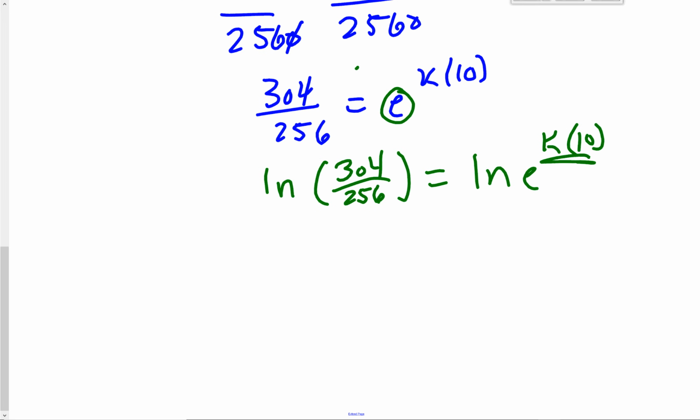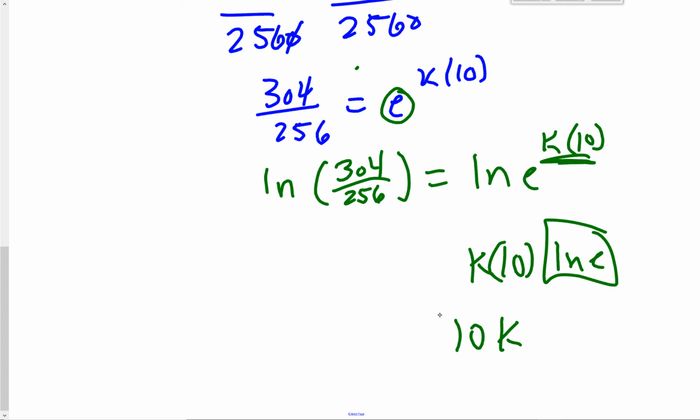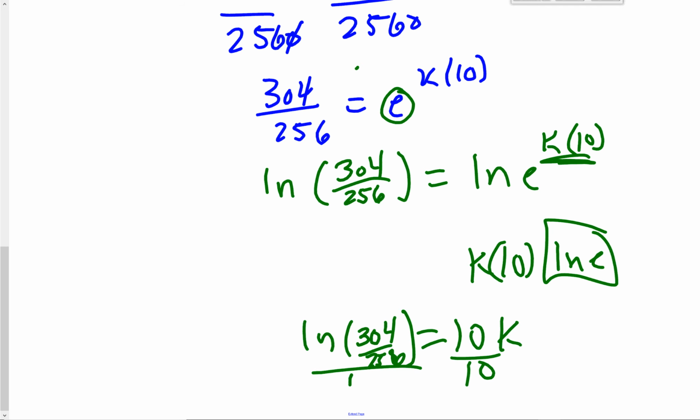And so we can bring the exponent out in front, and ln of e equals 1. So we just get 10 times k equals the ln of 304 over 256. Then divide by 10.